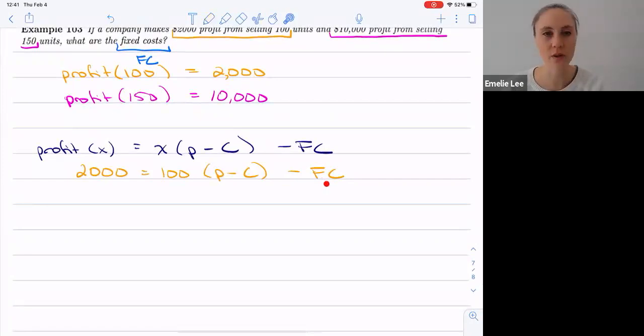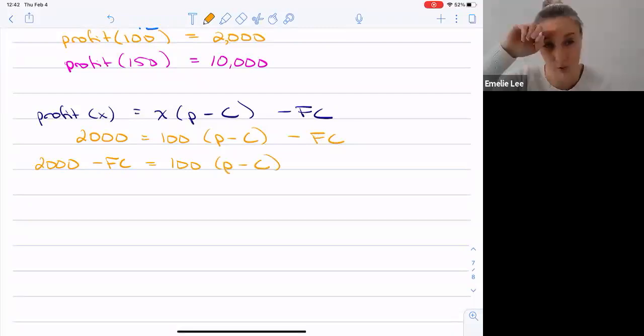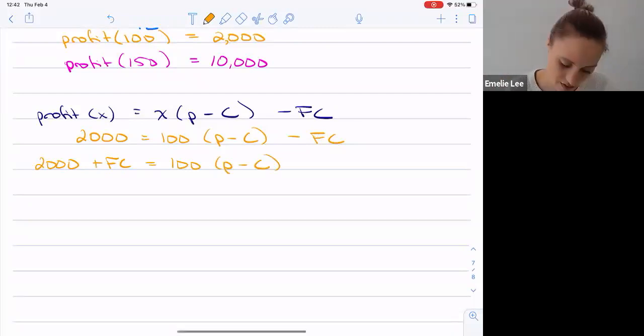Because the fixed costs are going to be the same for each of these scenarios, I can solve for the fixed costs in both of them. So I'm going to add the fixed costs over here, and then subtract 2,000 from the right-hand side. So this ends up looking like 2,000 minus the fixed costs is 100 times P minus C, oh, sorry, plus fixed costs when I move it over. Sorry, guys.